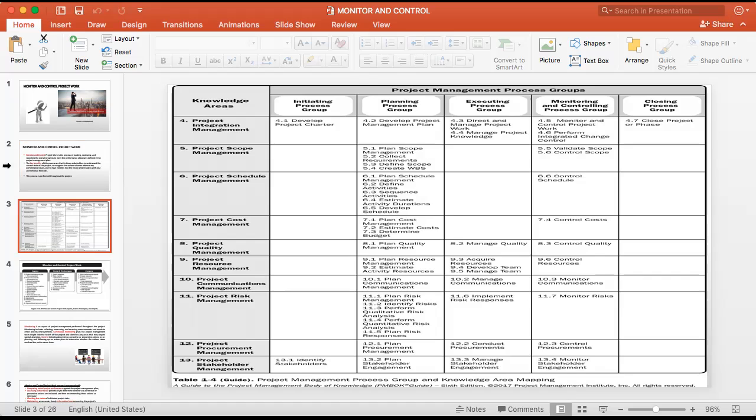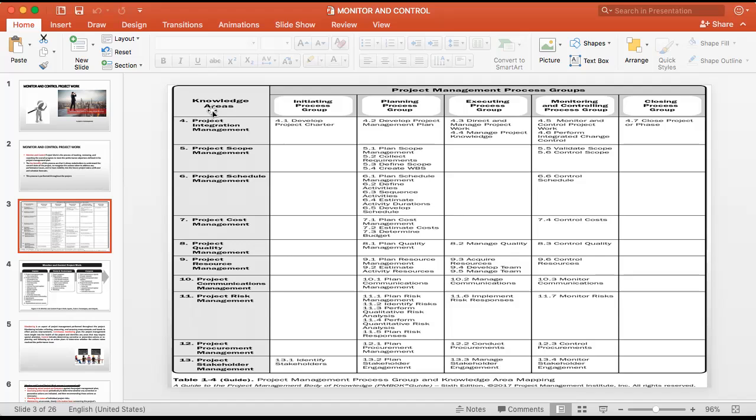At the left hand corner, you will see the 10 knowledge areas, and each and every knowledge area has its own control processes. If it is project scope management, there's a control process. For schedule management, there is a control process. For cost management, there is a control process. Likewise, all 10 knowledge areas have their own control processes.